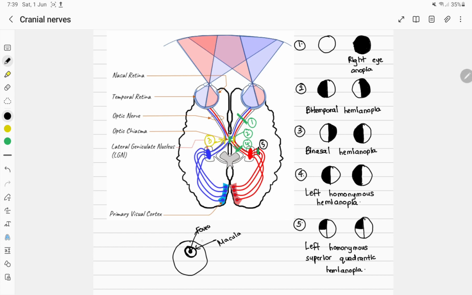So remember that if the lesion occurs in the right-sided visual cortex, that means the blood supply from the posterior cerebral artery to the right-sided visual cortex is cut off due to an occlusion. Then there may be contralateral homonymous hemianopia with sparing of macular vision.